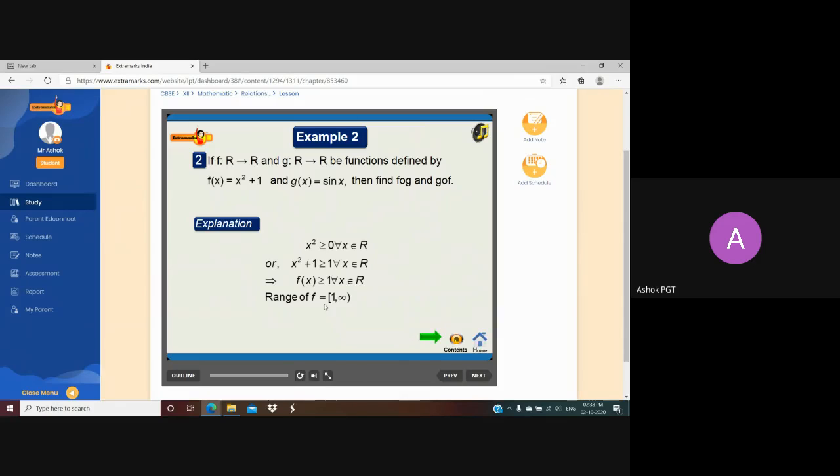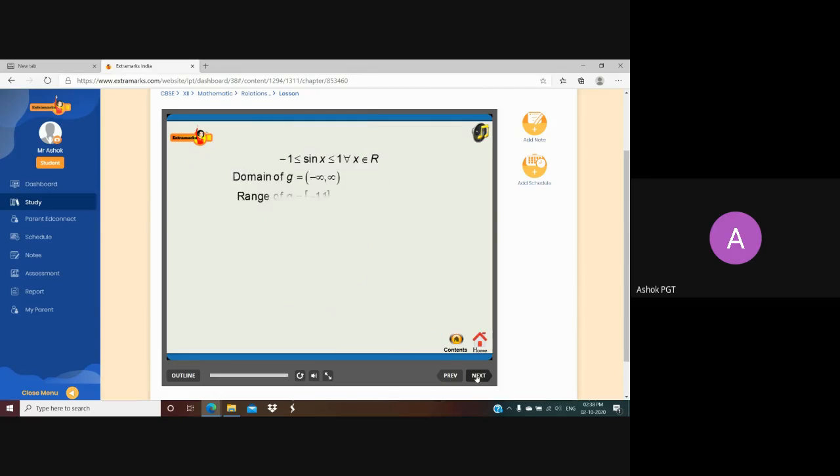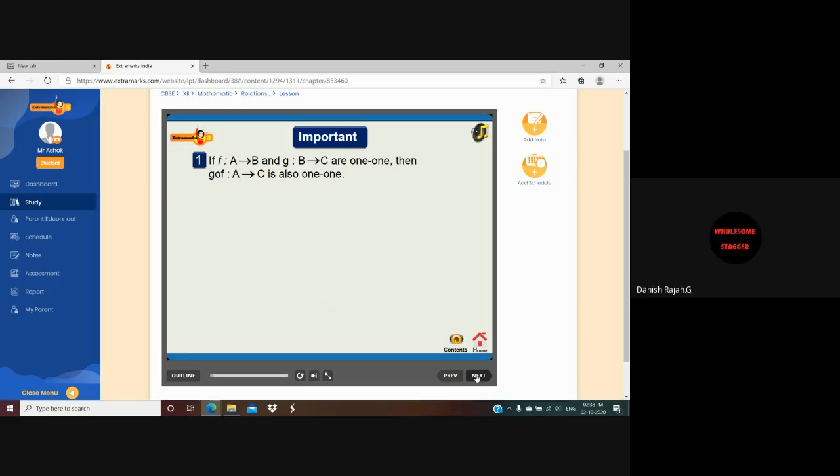Now we need to check whether the range of the first function is a subset of the second function's domain or not. Here the second function is g, whose domain is the set of all real numbers. So 1 to infinity is like the set of all positive real numbers. So the range of f is a subset of the domain of g. Right students, do you understand?